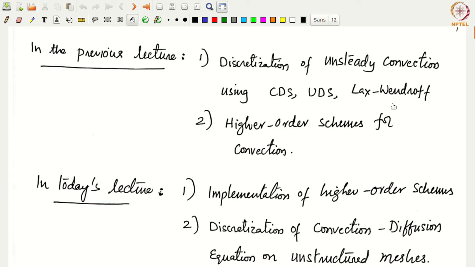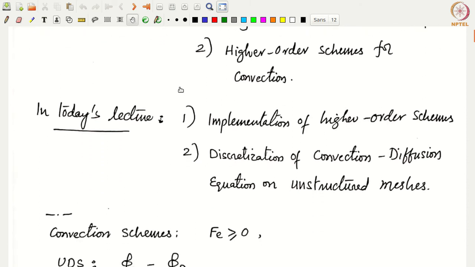In addition, we also looked at a couple of higher order schemes. One was the second order accurate upwind scheme, and another one was the third order accurate upwind scheme, which we call the QUICK scheme, the quadratic upwind interpolation for convective kinematics. So that's what we looked at in the previous lecture.